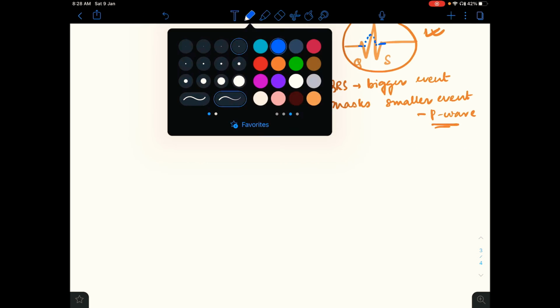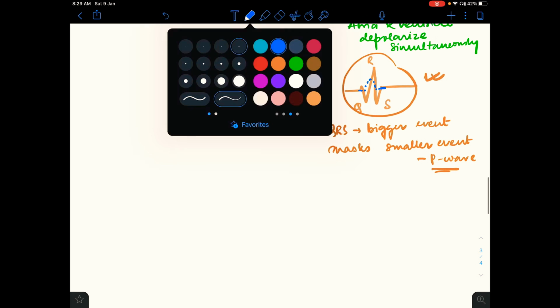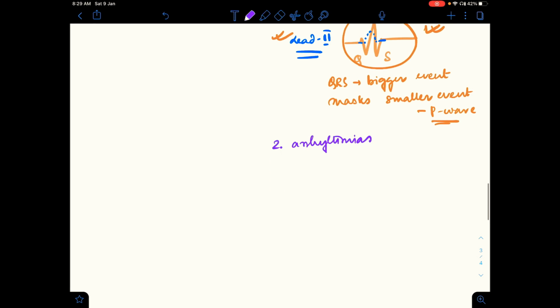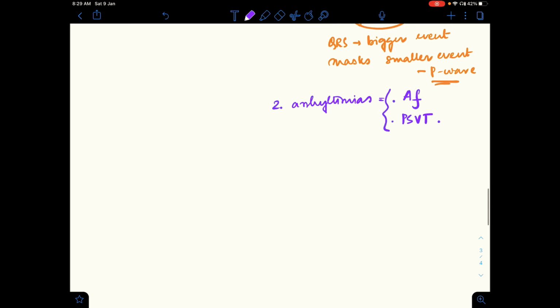The second cause is arrhythmias, such as atrial fibrillation and paroxysmal supraventricular tachycardia. Here, there is unsynchronized atrial depolarization, so the P wave loses its character.